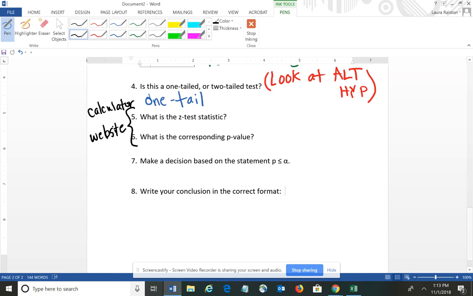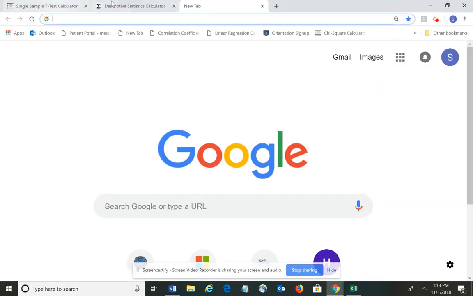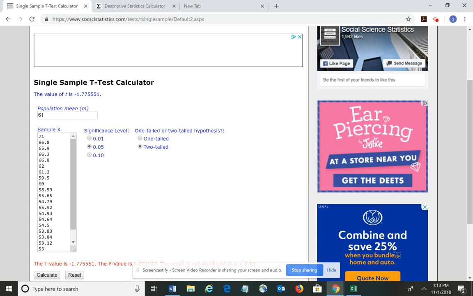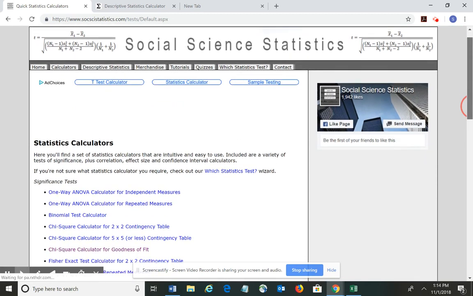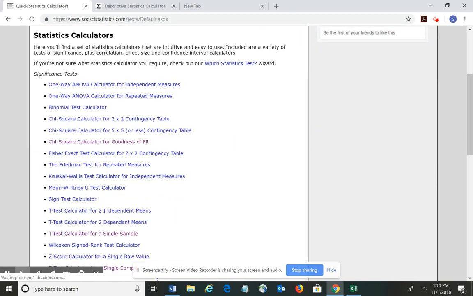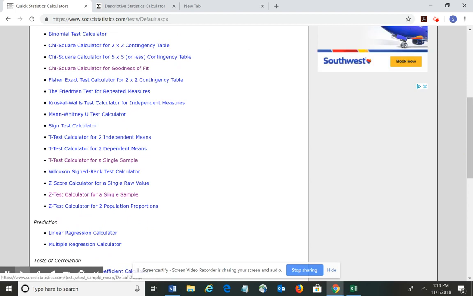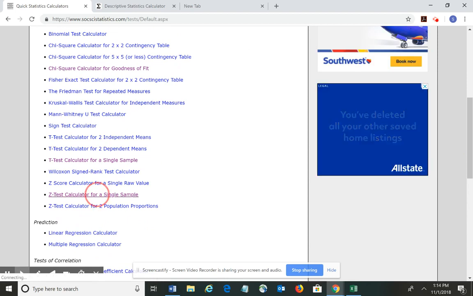So let me see if I can pull that up for us, and we'll take a look at it. Okay, so we go out to the StatSci website, and we select z-test calculator for a single sample.